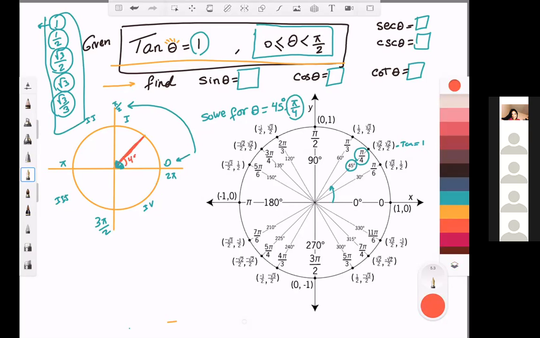This is 45 degrees. So now what is sine of 45? It is radical 2/2. Cosine of 45, you don't need to put 45 here because when you see radical 2/2, radical 2/2, you put radical 2/2. Cotangent is 1.